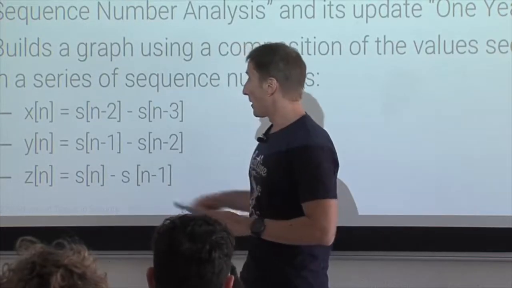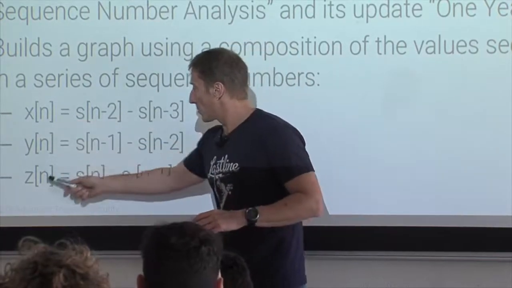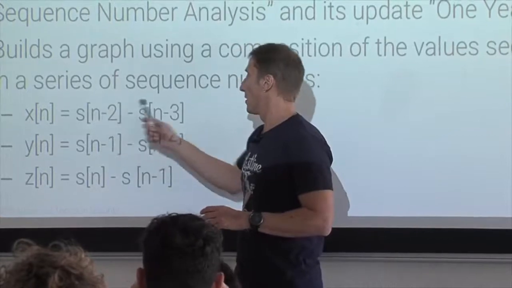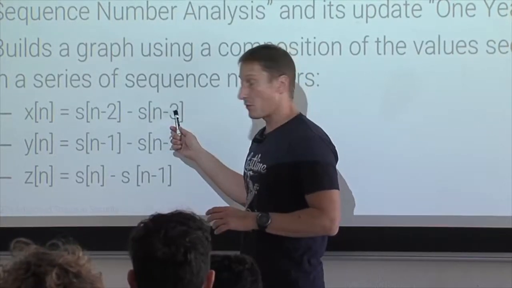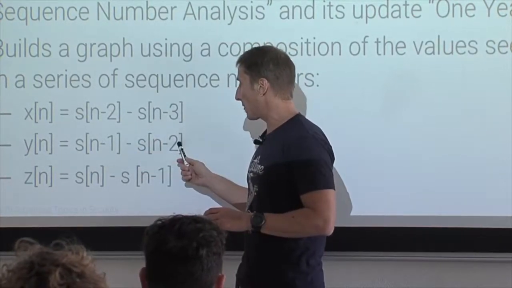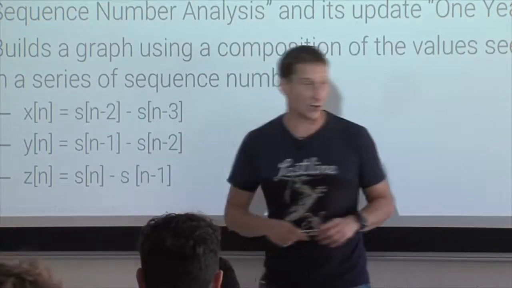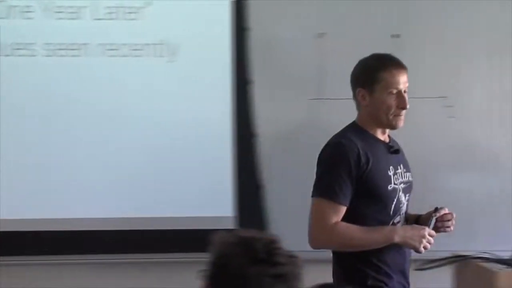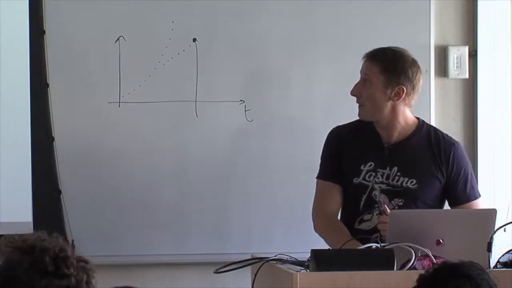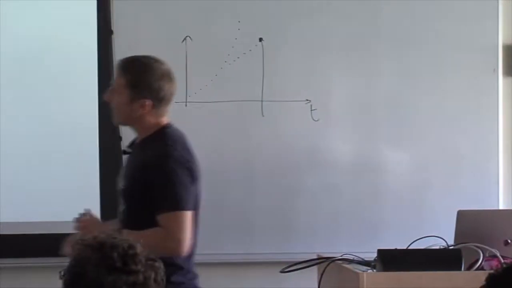Okay? So if you look at this, these values are based on the difference between 2 and 3 sequence numbers ago, 1 and 2 sequence numbers ago, the current and the current minus 1. Unfortunately, usually this is not very visible, but you can see that here there is some kind of pattern.